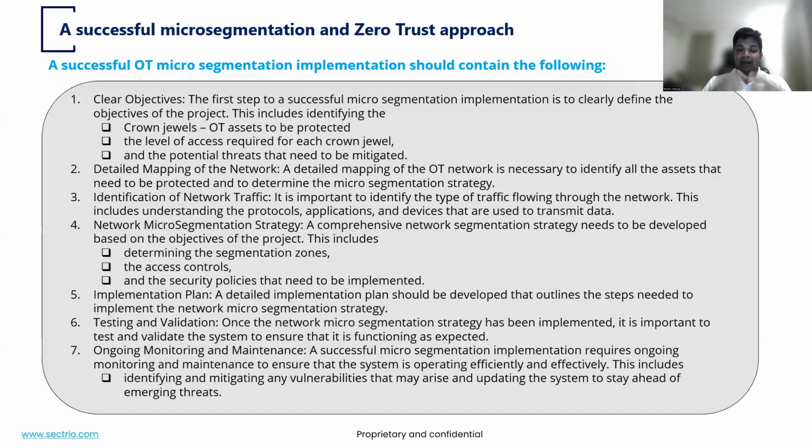And then identification of network traffic: how is the traffic flowing, what is the protocol that is being used, what are the applications talking to each other, how much data is being transmitted, and all of this is baseline. And this becomes very important for both the secure remote access and also for the network microsegmentation strategy that you will be building.